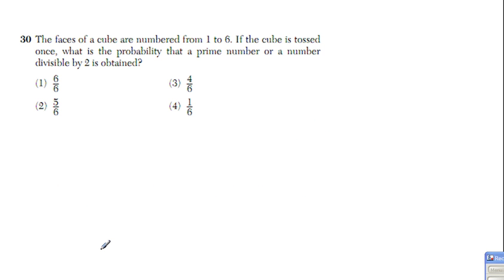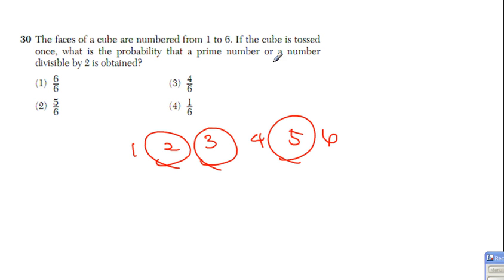Number 30, the faces of a cube are numbered 1 through 6. So we have 1, 2, 3, 4, 5, 6. Now, what is the probability of a prime number, so that means we're looking at 2, 3, 5, or a number divisible by 2.